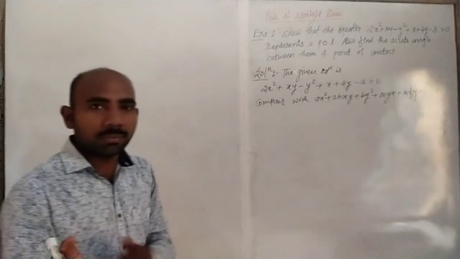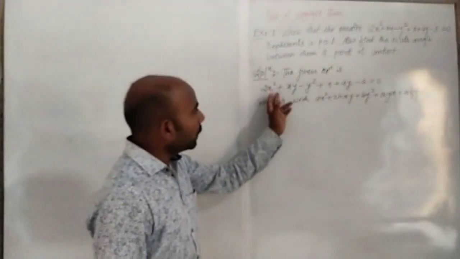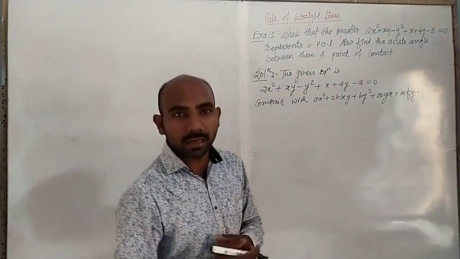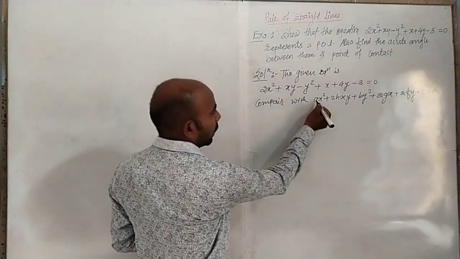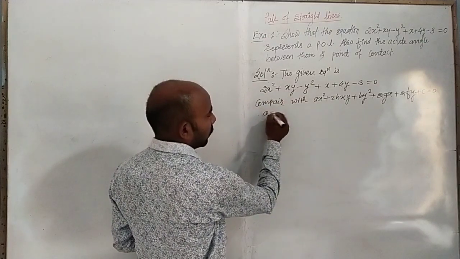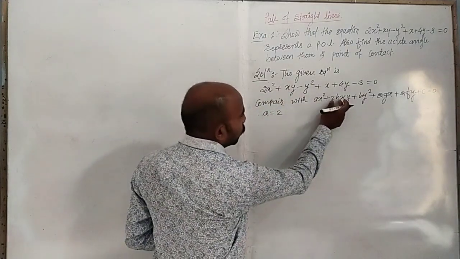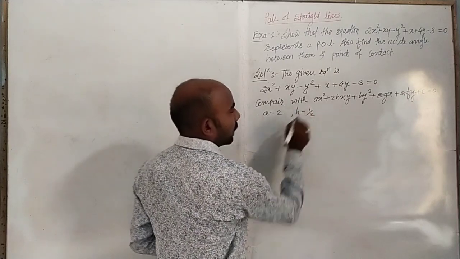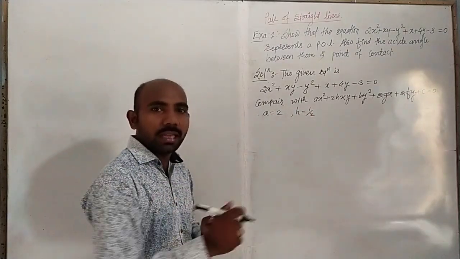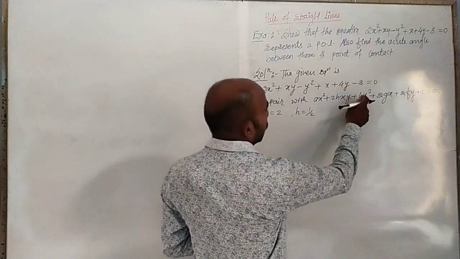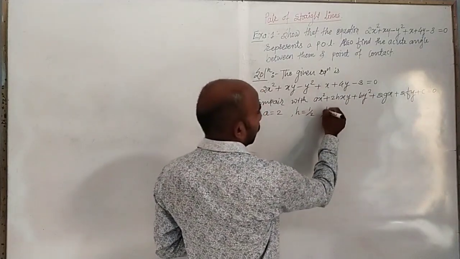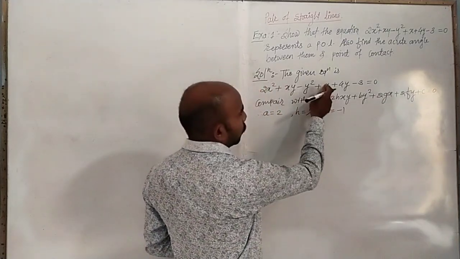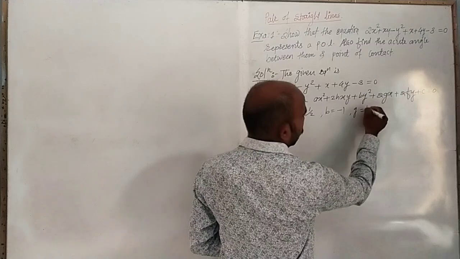What we have to do is compare the given equation with the general equation. When we compare, we see that the value of a is 2, therefore a is equal to 2. Here 2h equals 1, so h is equal to 1 by 2. Here b is equal to minus 1. 2g is equal to 1, so g is again 1 by 2.